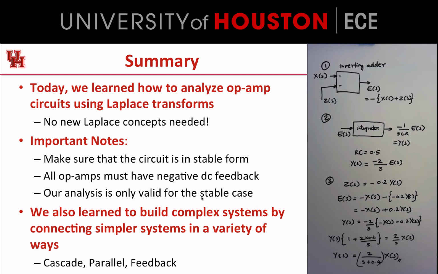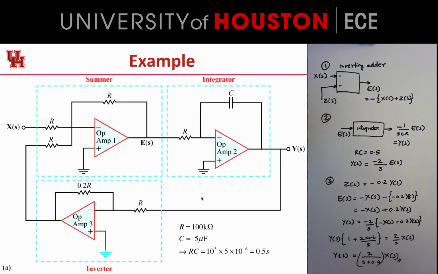Now, we talked about the basic steps to analyzing a circuit with op-amps. First and foremost, make sure that the circuit is in stable form. Speaking of which, coming back to our example here, op-amp number 2 was not in stable form.